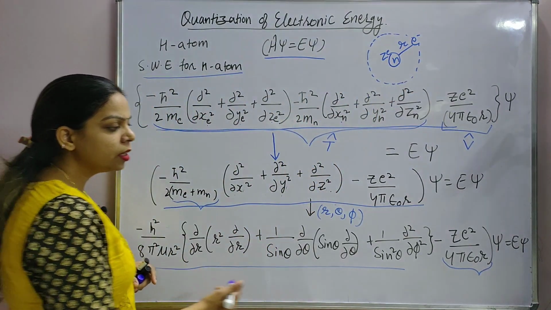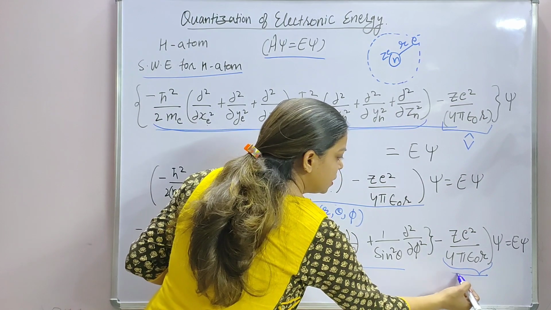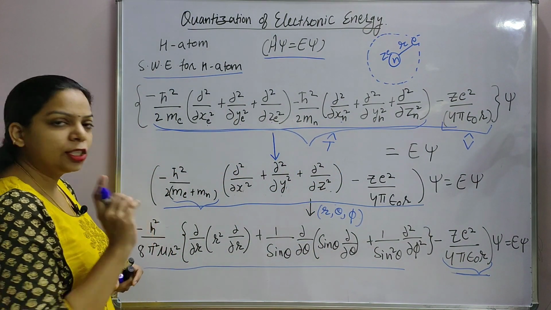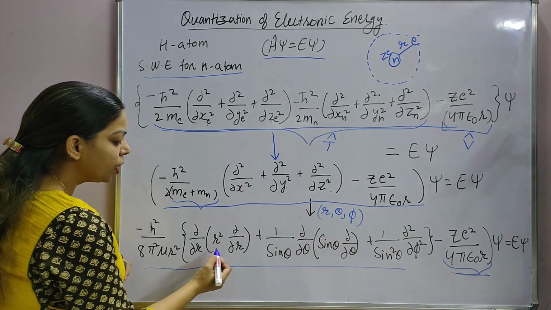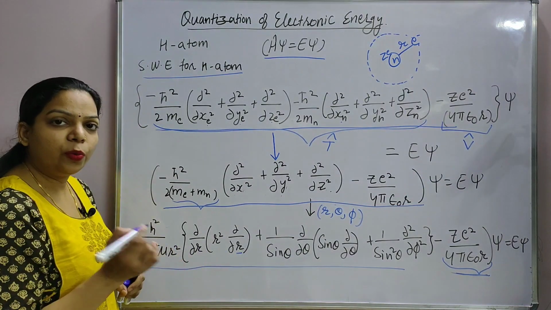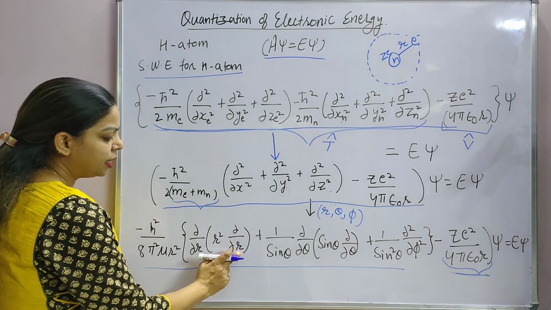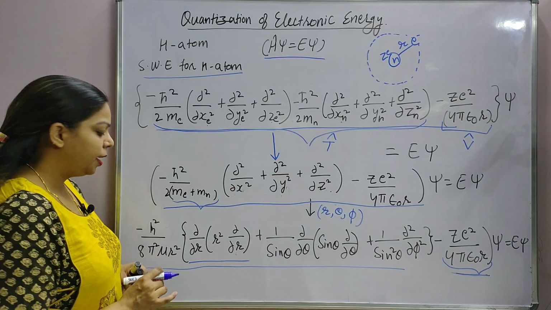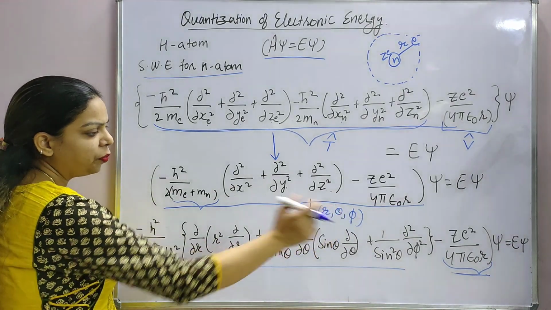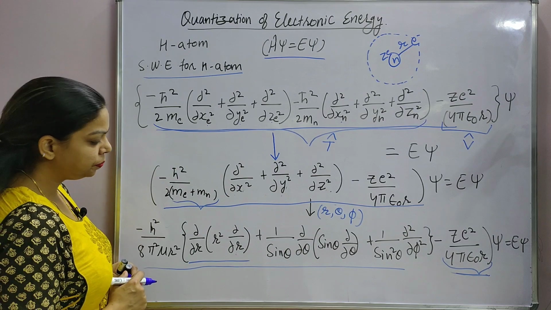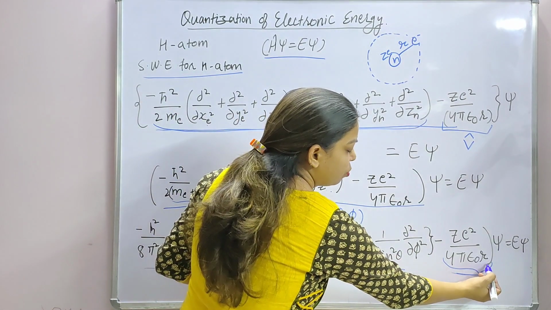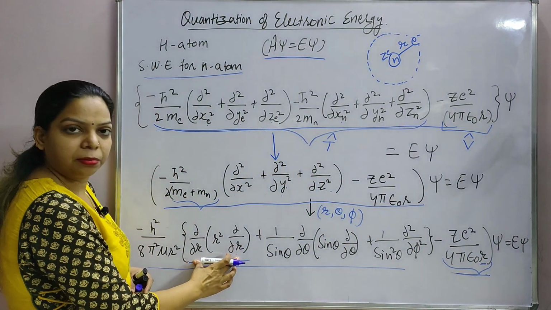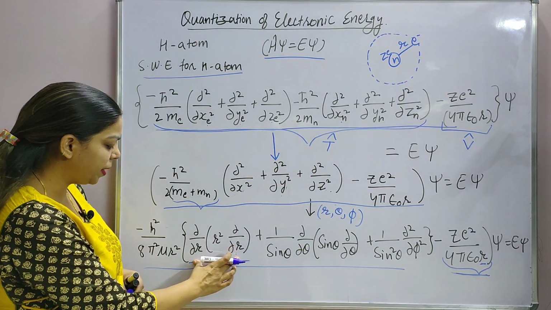So we have to consider this potential energy term, which is an additional term. The second difference is that in the rigid rotator, r was constant and not a variable, but in this case this term will be here because r is not a constant anymore. So we have this entire term, and because r appears here, we will consider this term as a part of the r term where the variable r appears.